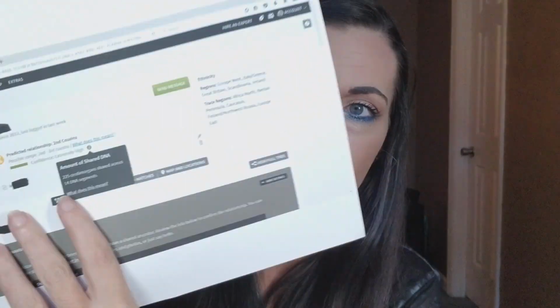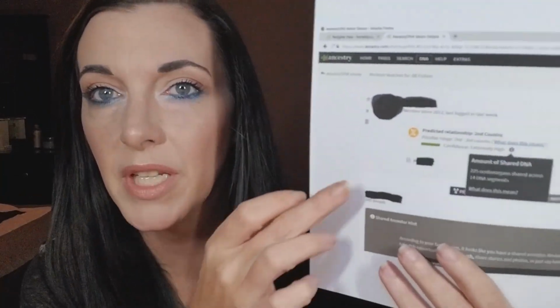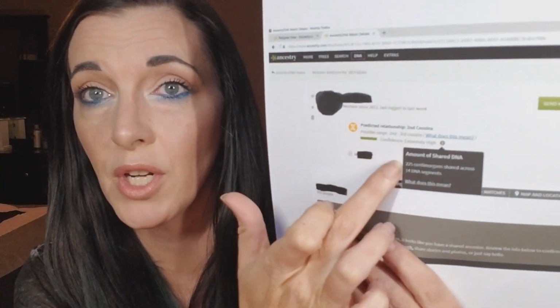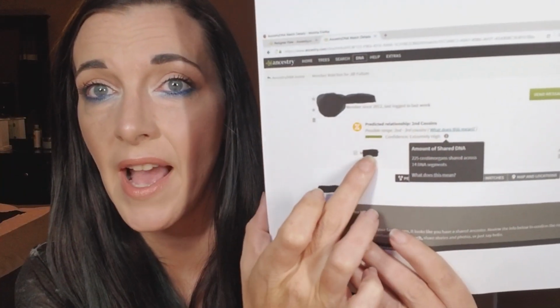There's also a place, and I say note because you can, there's a place for notes on every single person. I have it blacked out here because I had personal information about this person in there. With my second cousin matches, I had two on my mom's side, and I have one on my mom's dad's side.